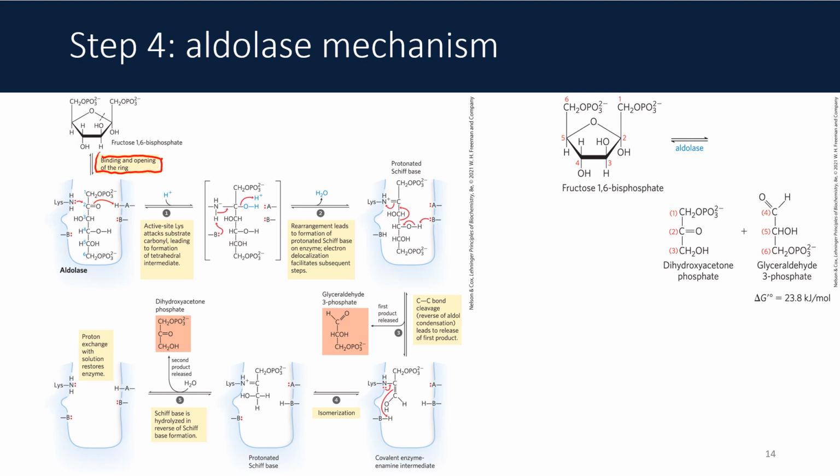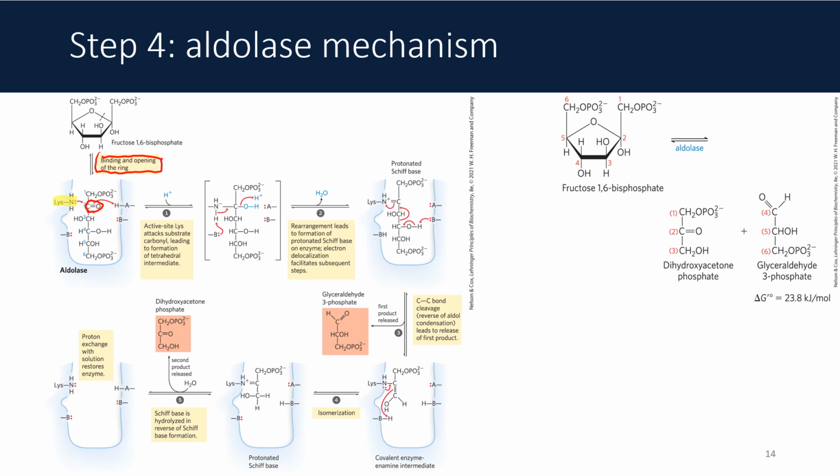The first attack will be conducted by a reactive site lysine, shown over here. Lysine is nucleophilic, and the carbon on the nearby carbonyl is going to be electrophilic. This C2 carbonyl is the one that we made, by the way, 2 enzymes ago in the isomerase step.